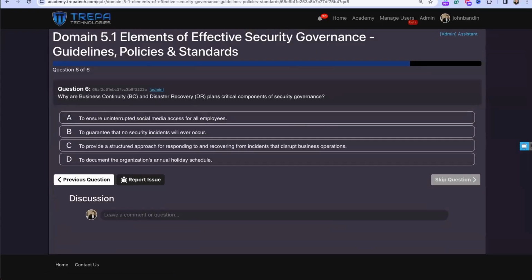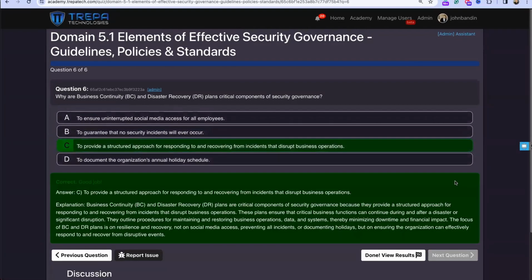Then the last question, why are business continuity and disaster recovery plans critical components of security governance? Because we need that structured approach, something that is defined within an organization and pushed down to all stakeholders that says this is how we're going to respond, this is how we're going to recover from incidents that disrupt our business.